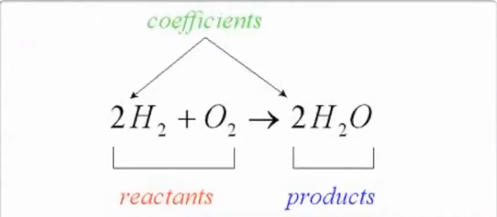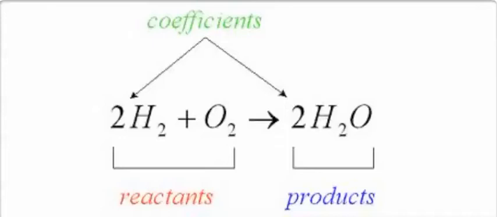So we have the reactants hydrogen and oxygen producing water, and there are coefficients there of 2. That means we need 2 dihydrogen, so two molecules which are made up of 2 hydrogen atoms each, giving us 4 hydrogen atoms on our reactant side, plus we have 1 molecule of oxygen, where we have the 2 oxygen atoms together.